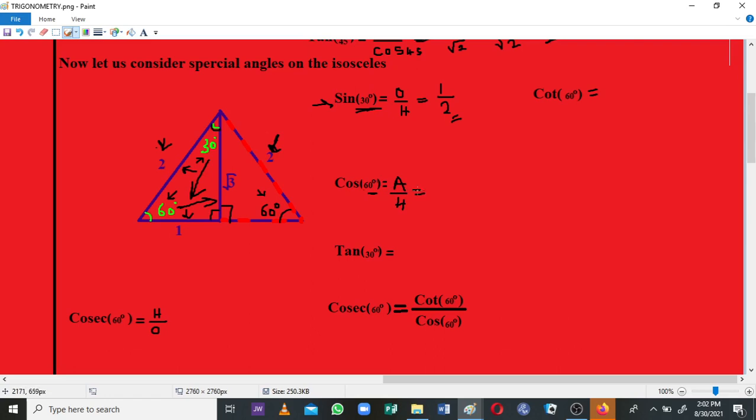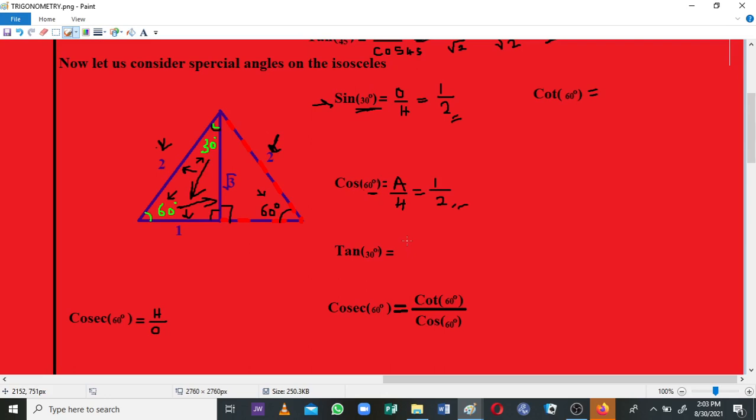This gives us adjacent is equal to 1 over hypotenuse is equal to 2, which gives us 1 over 2.